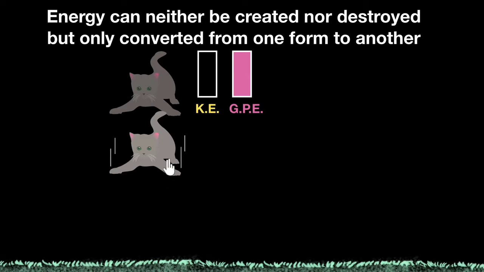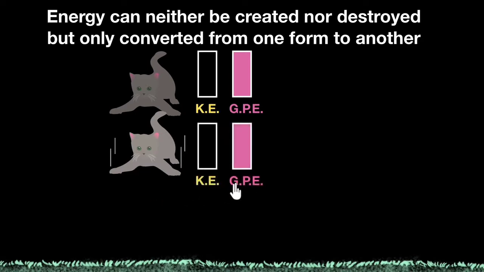Although kinetic energy has increased, notice the cat's potential energy has decreased because it is now closer to the ground. So some of its potential energy got converted into kinetic energy. Initially it was 0, and now some of that potential energy has been converted into kinetic energy. That's where that kinetic energy came from.